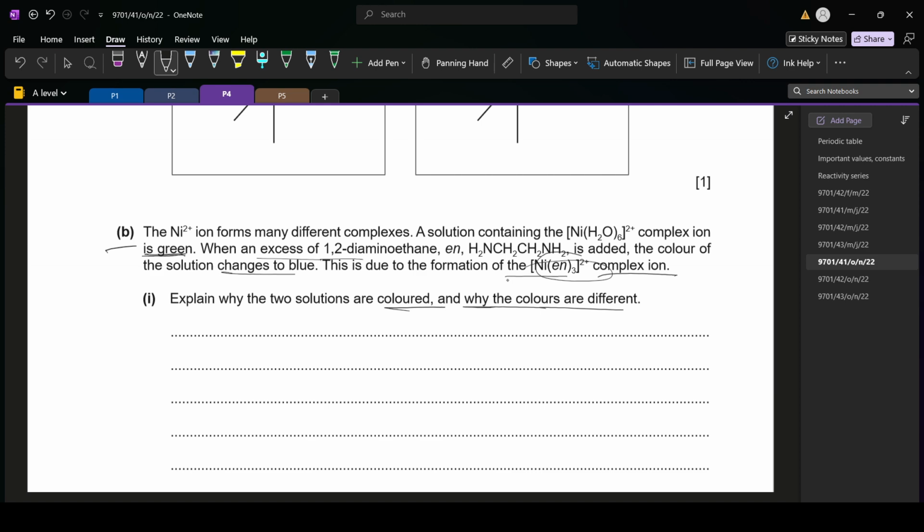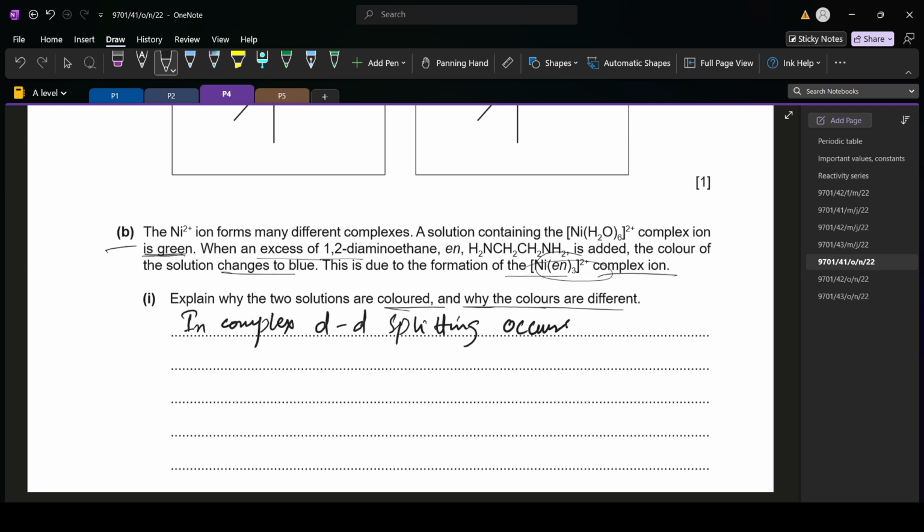Because there is d-splitting when the complex forms. In a complex, d orbital splitting occurs.